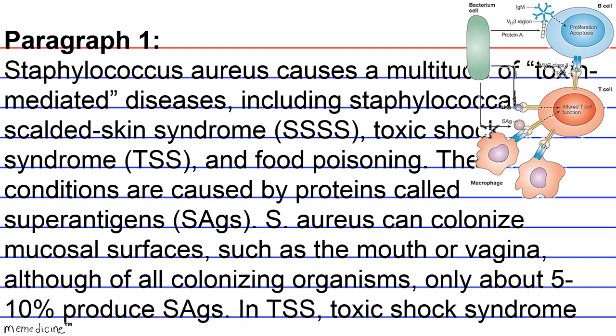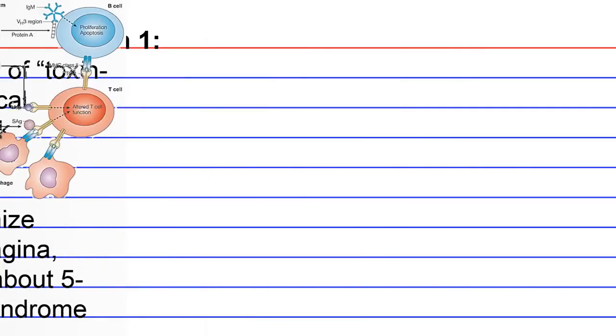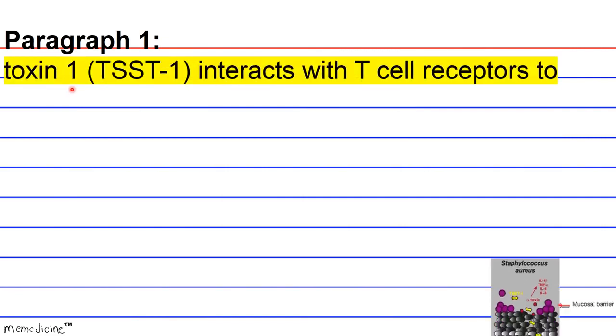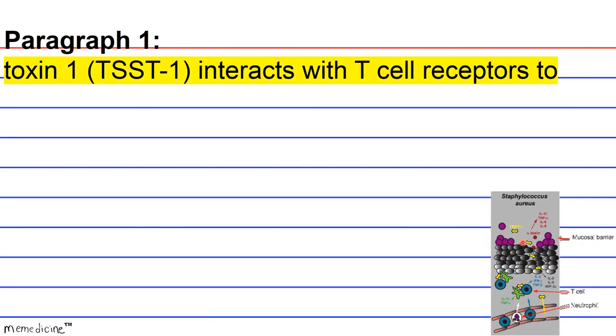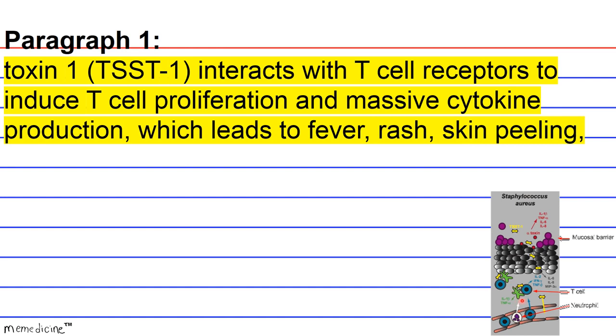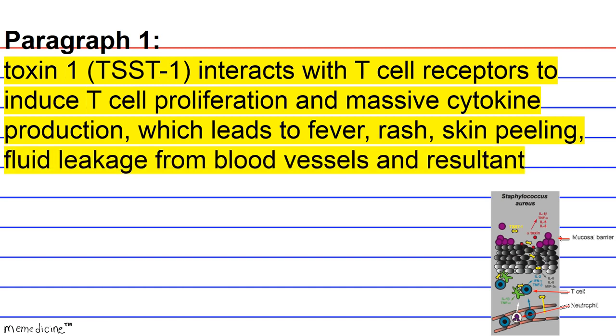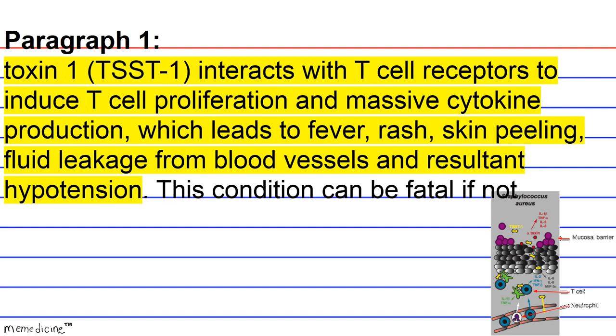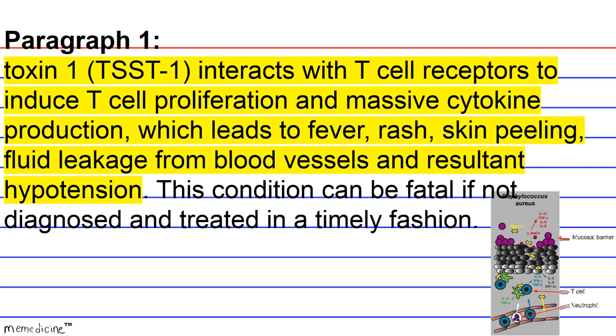In TSS, toxic shock syndrome, toxin 1, TSST1, interacts with T cell receptors, as shown here, to induce T cell proliferation and massive cytokine production, all shown in this illustration, which leads to fever, rash, skin peeling, fluid leakage from blood vessels, and resultant hypotension. This condition can be fatal if not diagnosed and treated in a timely fashion.